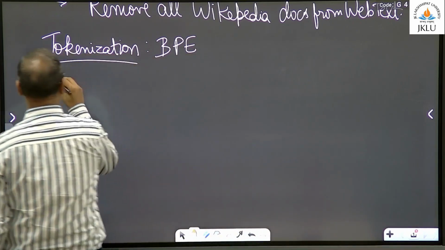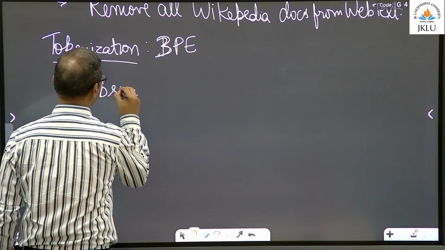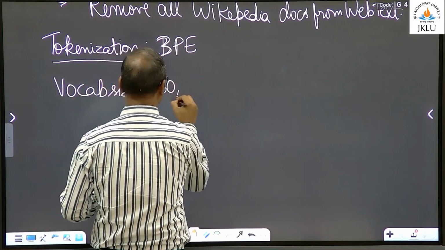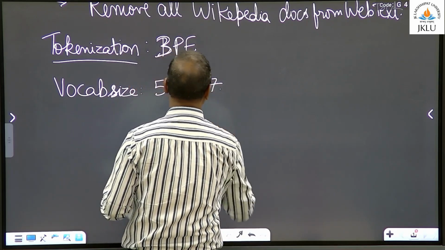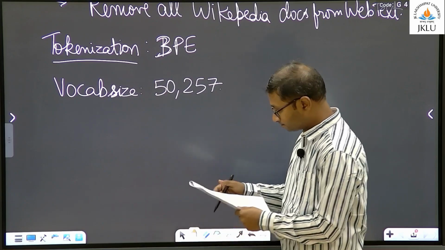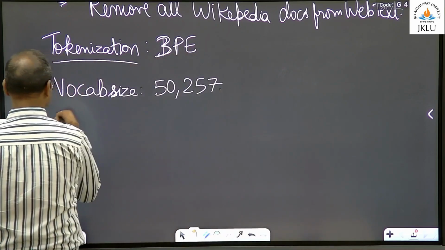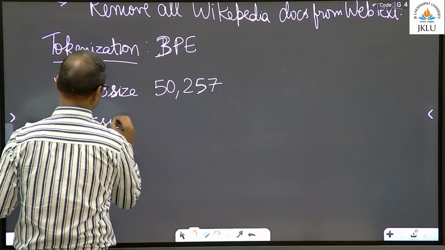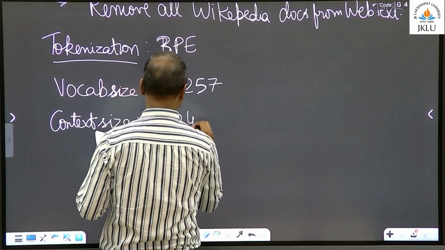Vocabulary size is 50,257. And context size is, what was it for GPT-1?